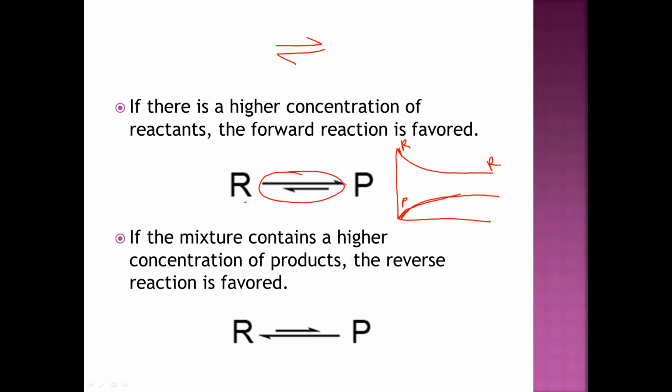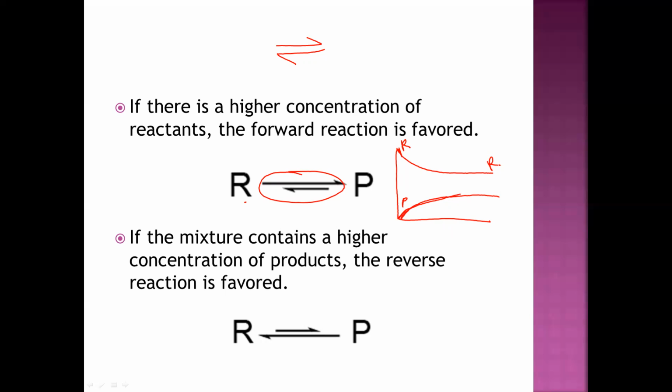So that's what that means: when you have more reactants than products, then the forward reaction is favored because there's more of the reactants. But if the products are higher, then the reverse reaction is favored. So that's why the bottom line is bigger on that one, to show that it would rather turn back into reactants.